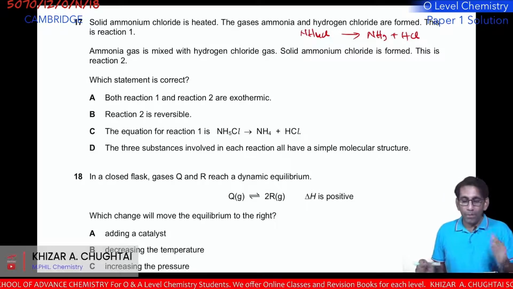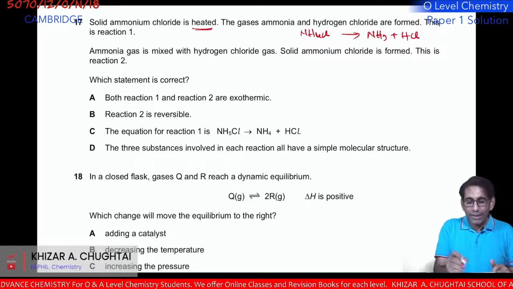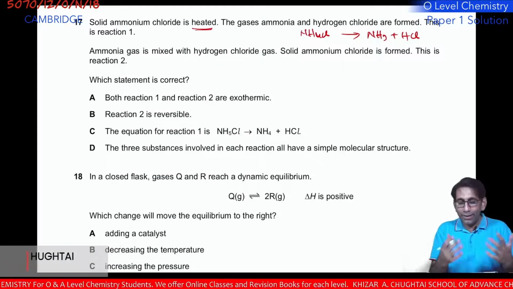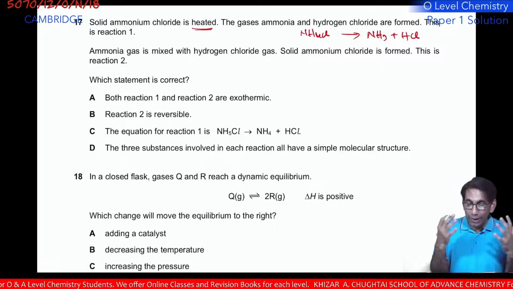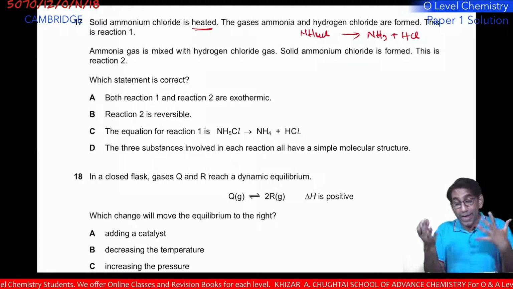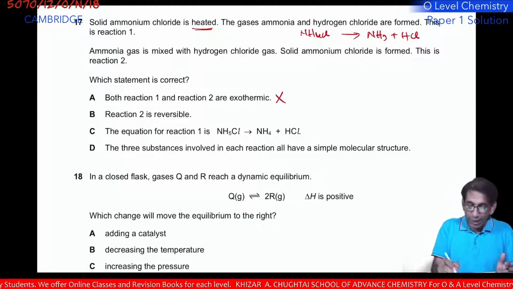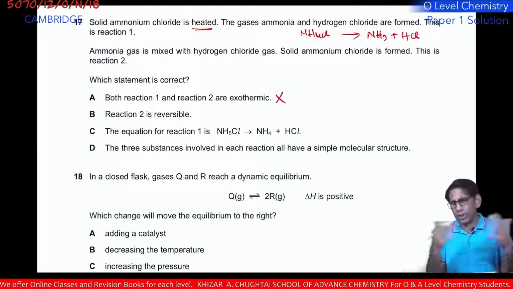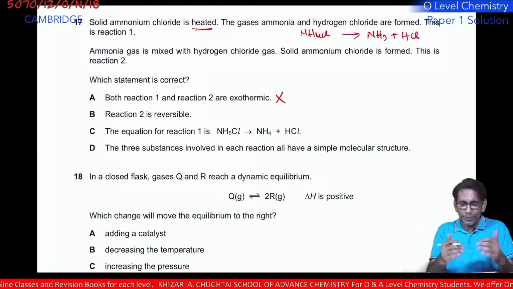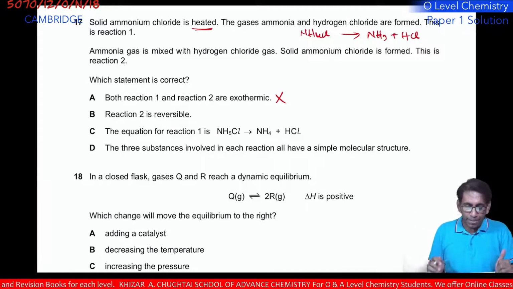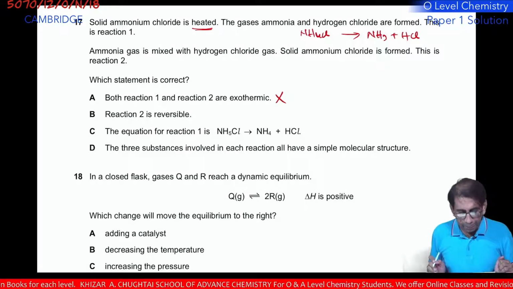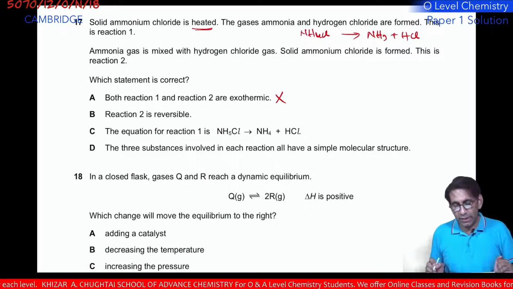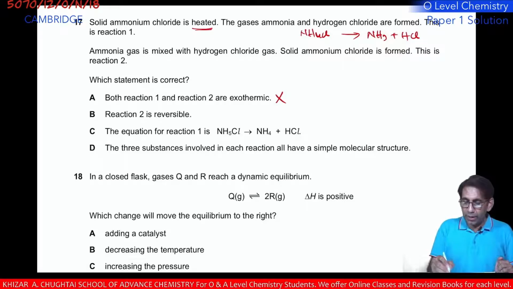No. Because reaction 1 is requiring heat, so it is endothermic. Both are not exothermic. So option A is the incorrect option. Reaction 2 is reversible. Let me write it again.